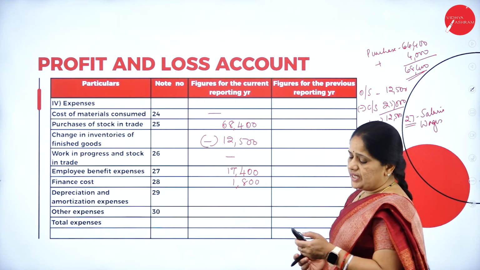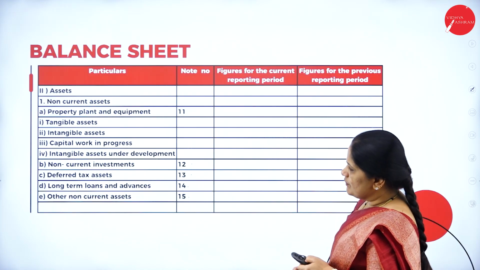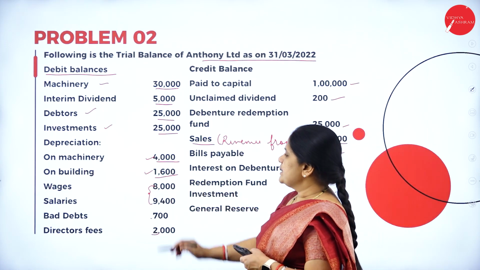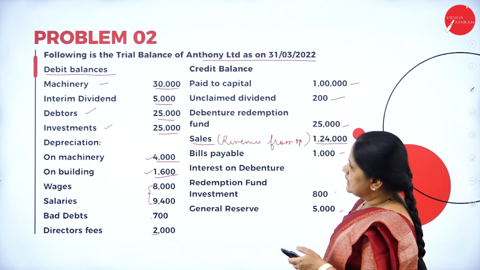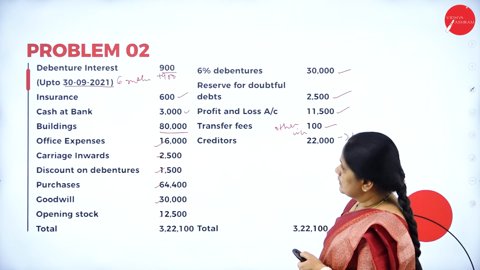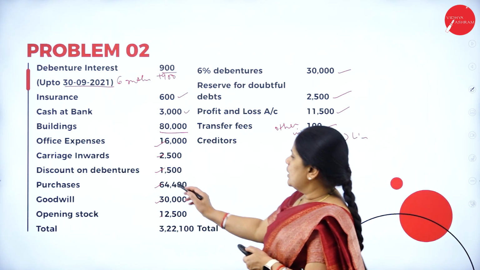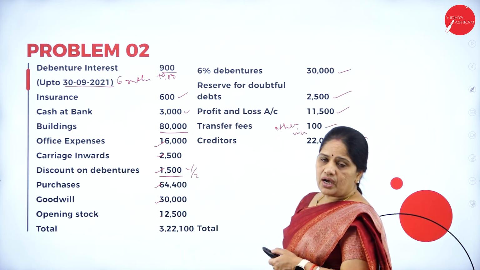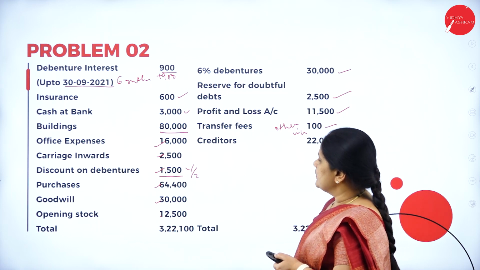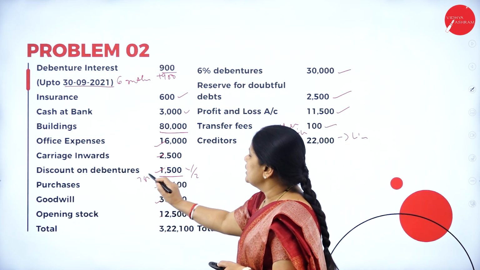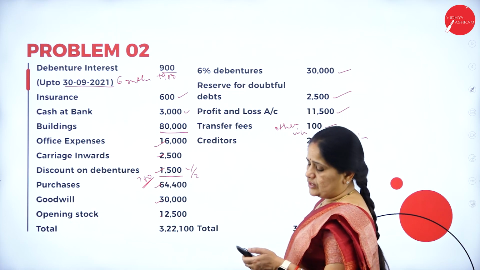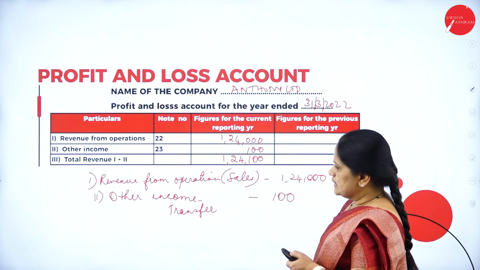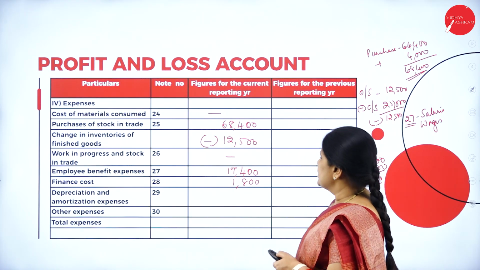Then next one is depreciation and amortization expenses. Now in this we have the depreciation for buildings. So depreciation on machinery, depreciation on building. Then next one, we have the discount on debentures. Half of it has to be written off. So half of discount on debentures will be 750 rupees. I have to write it off. I will write amortization expenses.